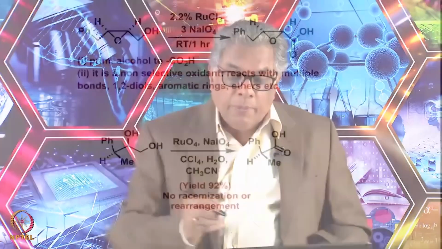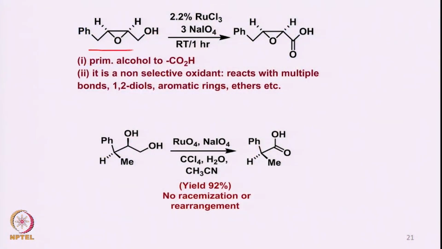Interestingly, when you have a substrate of this type where there is a primary alcohol, and that primary alcohol under these conditions of ruthenium trichloride sodium metaperiodate allows oxidation to give the corresponding carboxylic acid in a very short time, such as 1 hour.